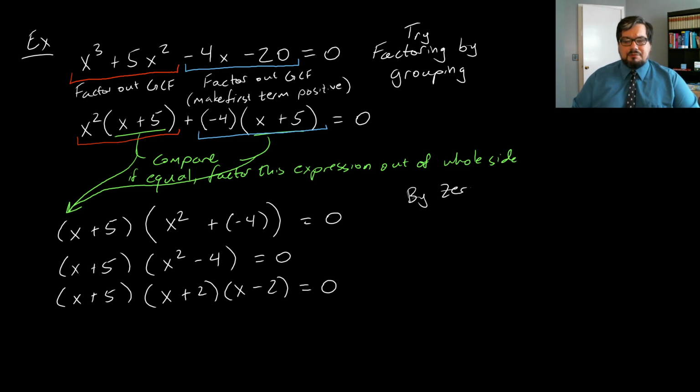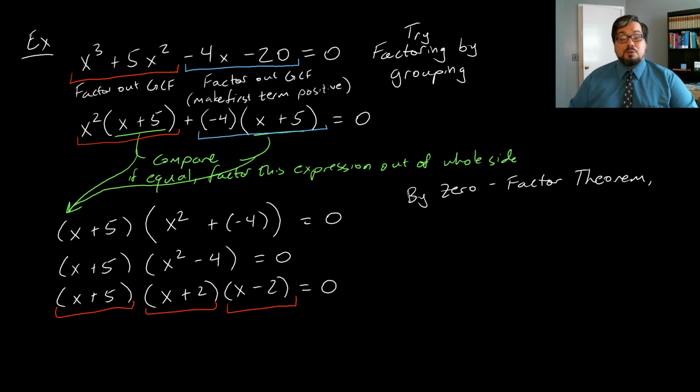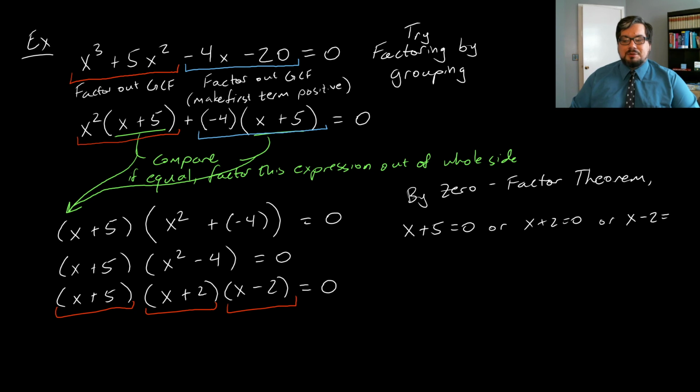So now, by the zero factor theorem, we have three terms, x plus 5, x plus 2, and x minus 2, that are all multiplying together to give you 0. That means that one of them had to be 0 to begin with. X plus 5 equals 0, or x plus 2 equals 0, or x minus 2 equals 0. We can take each of these equations and solve them for x.